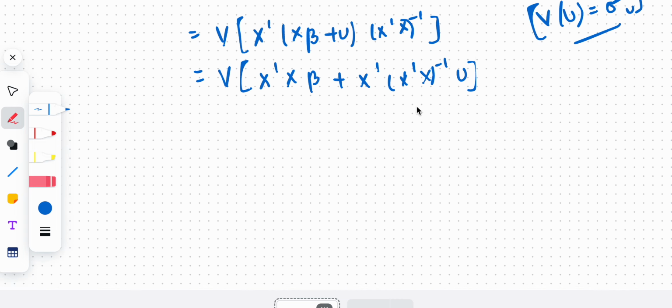Now the rest of this, the whole expression, will become 0.